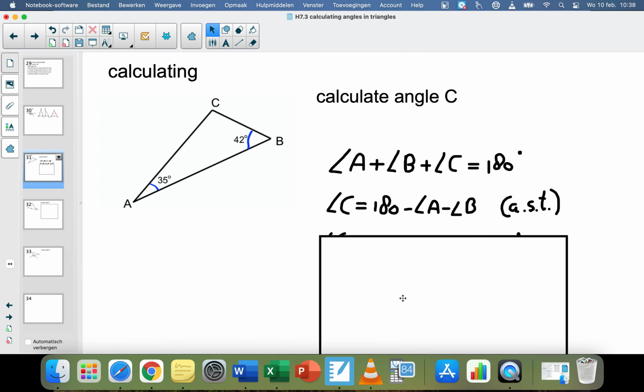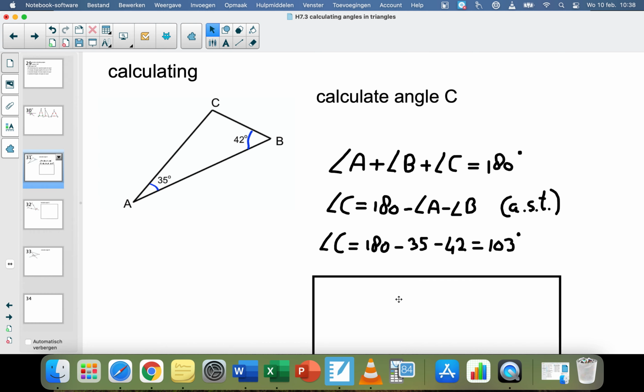Well, I know angle A and angle B, so angle A was 35, angle B was 42, so angle C is 180 minus 35 minus 42, and that becomes 103 degrees. So now we know angle C is 103 degrees. So that's the basic example of the angle sum triangle.